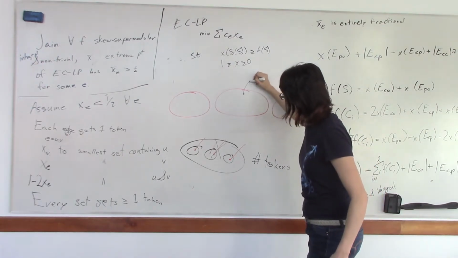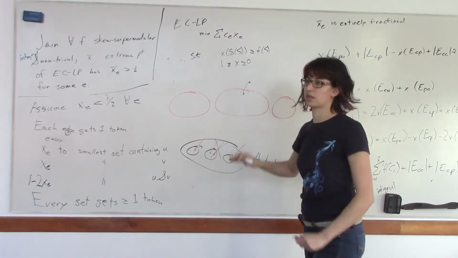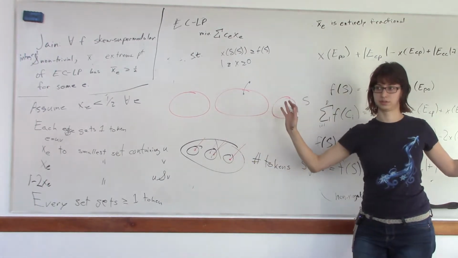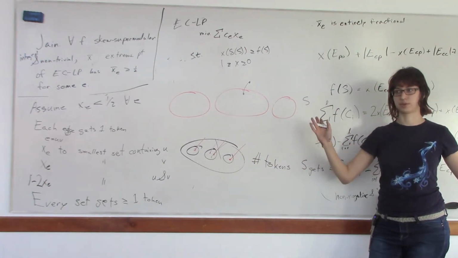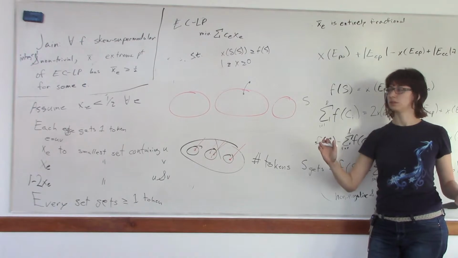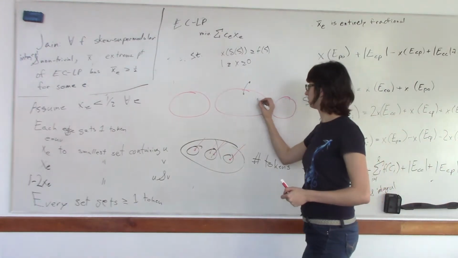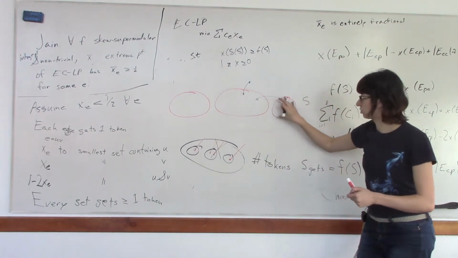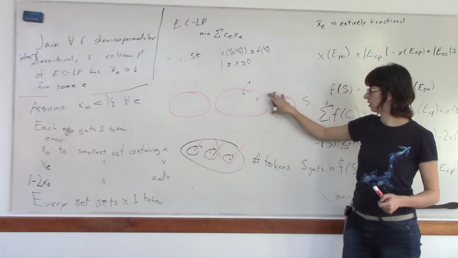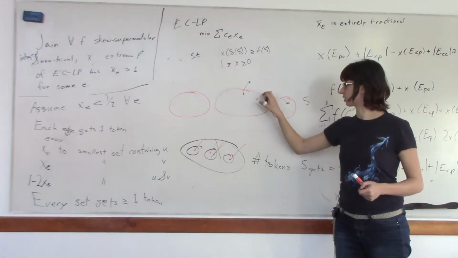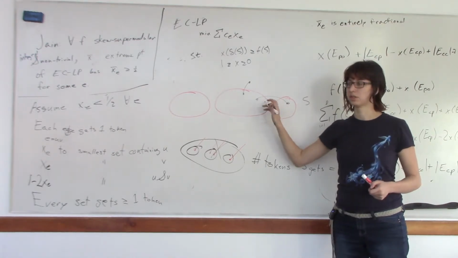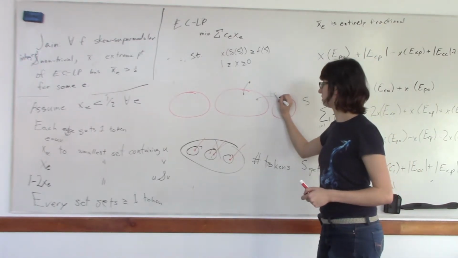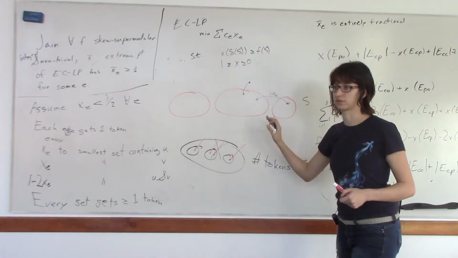If he gets crossed, like this guy has xe that goes nowhere, that's strictly positive, we have some leftover token. Or it goes between these guys, and since these are two maximal sets, there's nothing larger which contains both of these endpoints. And so then the 1 minus xe, 2xe here gets lost.